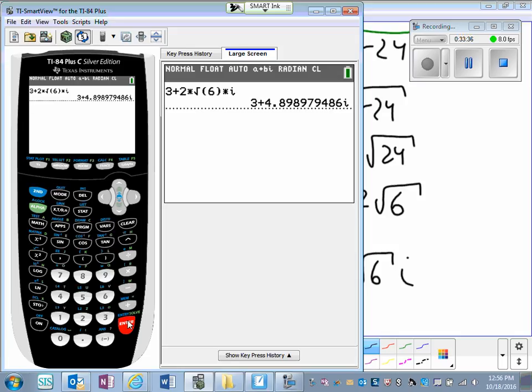And now I enter it into the original equation. So x squared means my answer squared. Minus 6x, minus 6 times my answer. And then minus 33. Give me 0. Oh, that didn't work, did it?